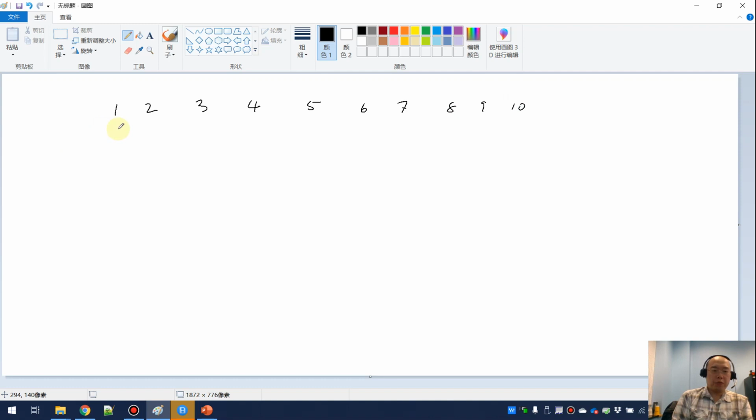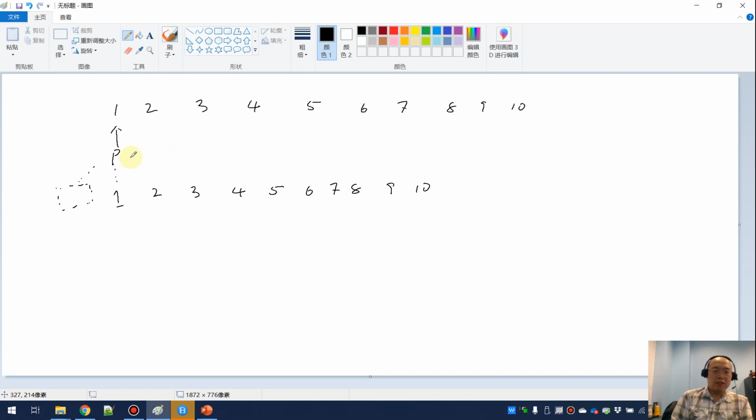If we want to sort this and we pick 1 to be the pivot, what is the partition? On the left, there's nothing, right? The pivot will be the pivot. And what will be the right part? The right part will be 2, 3, 4, 5, 6, 7, 8, 9, and 10.